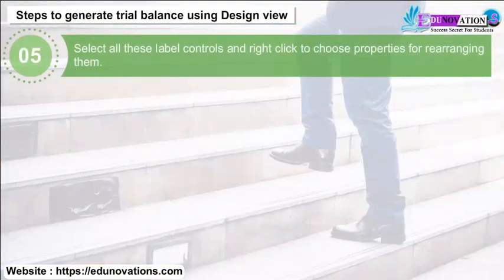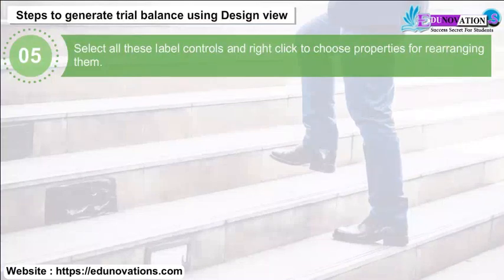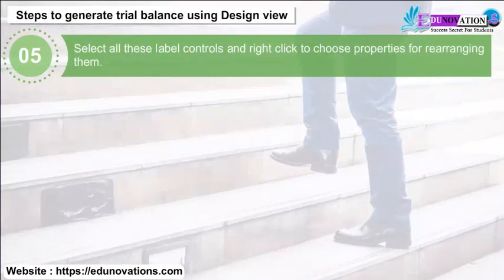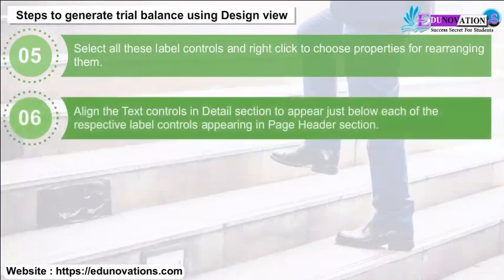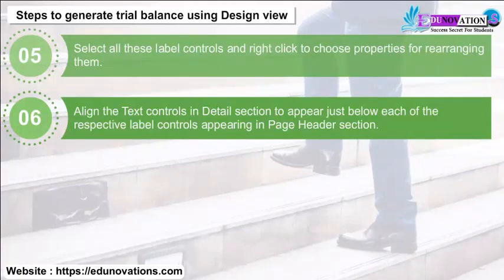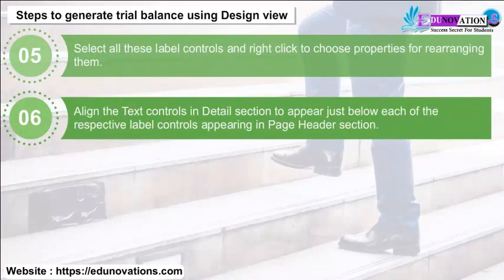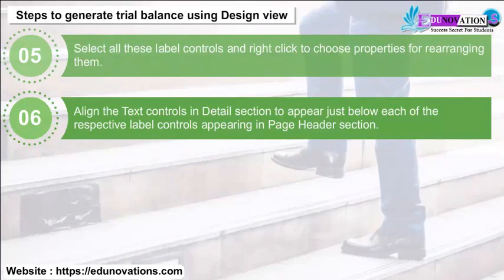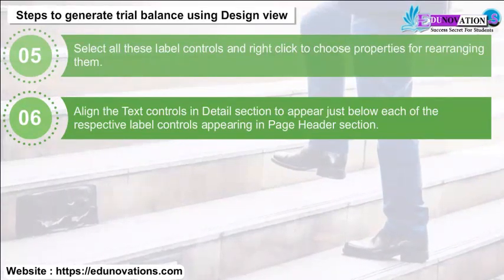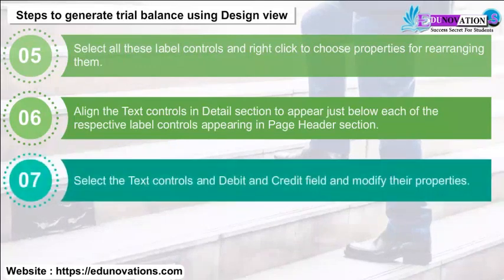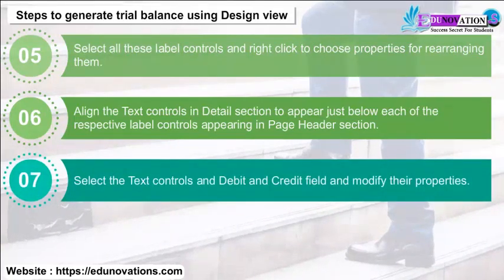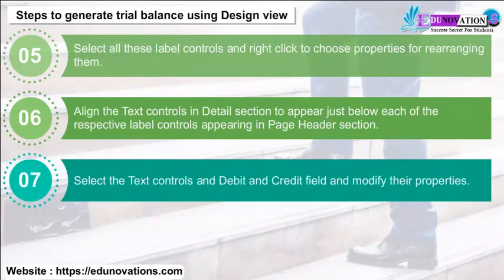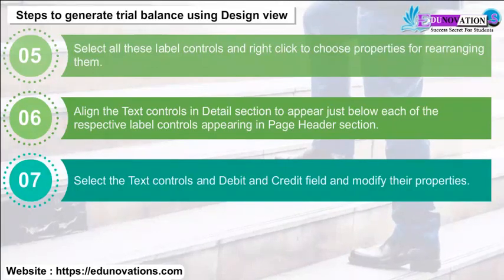Select all these label controls and right-click to choose Properties for rearranging them. 6. Align the text controls in detail section to appear just below each of the respective label controls appearing in page header section. 7. Select the text controls and debit and credit field and modify their properties.